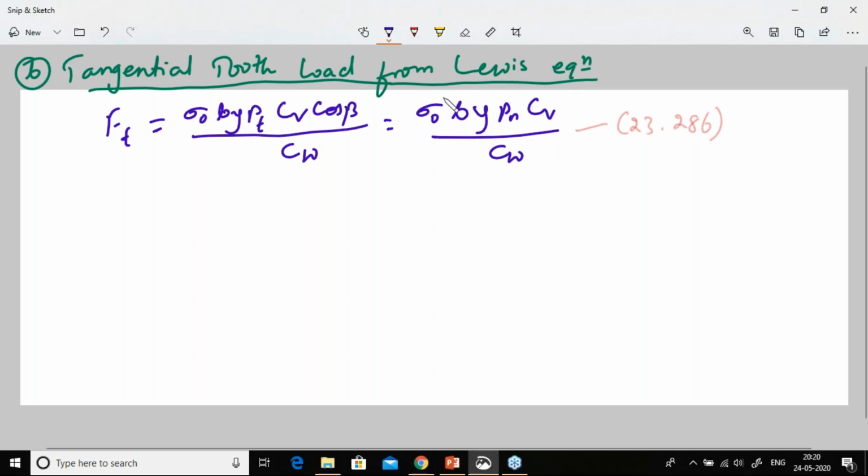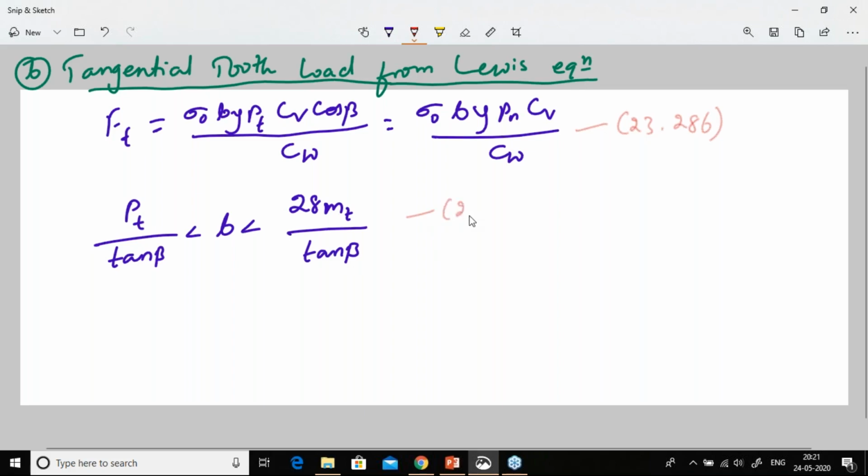B is the face width that can be assumed within the range, that is Pt by tan beta should be less than B, which should be less than 28 mt divided by tan beta. This one we have in equation number 23.277, and the higher value for B we have in 23.280.